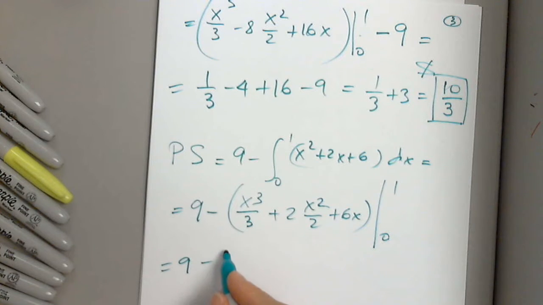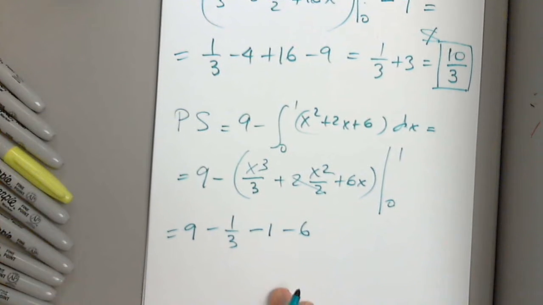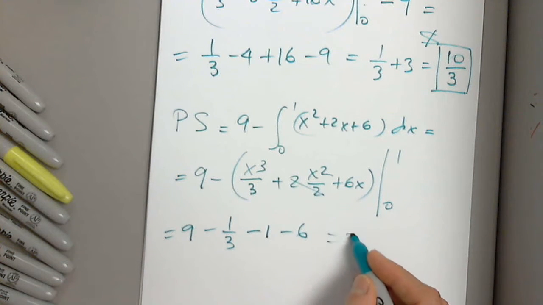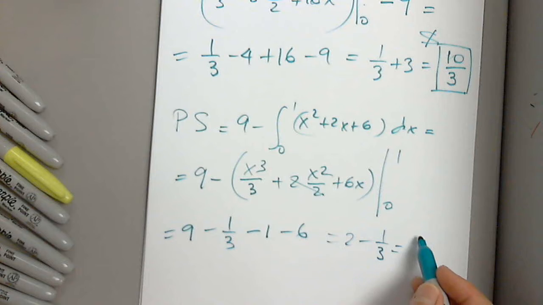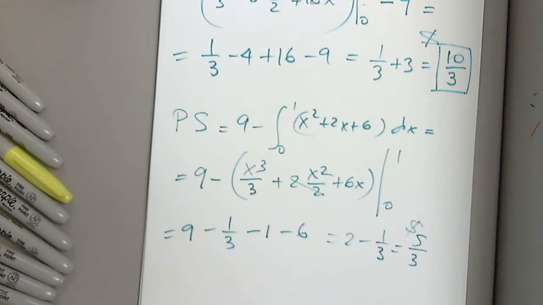So this is 9 minus 1/3, minus 1, and minus 6. So 9 minus 7 is 2, 2 minus 1/3, 5/3. So this is what they get extra from us, but they're not really offering us anything for that.